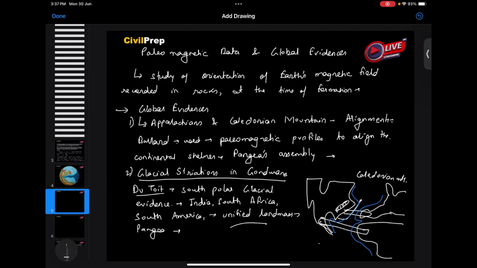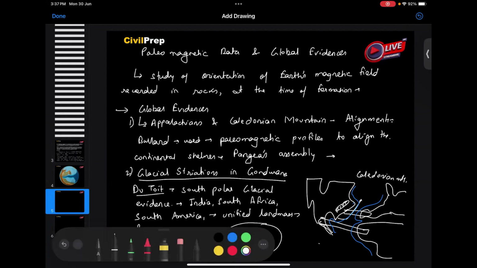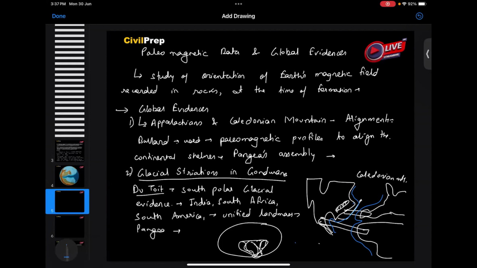So here we'll be seeing that this is the Gondwana land. Okay, here we have different countries here. So what he has provided is that the region which was almost around 60 degrees below the south of the latitude, there was the presence of glaciers.